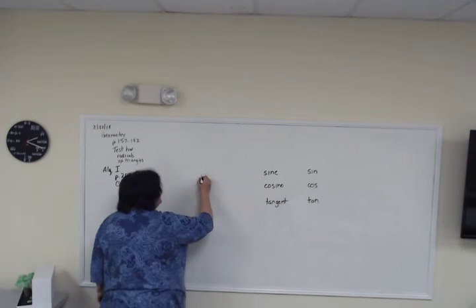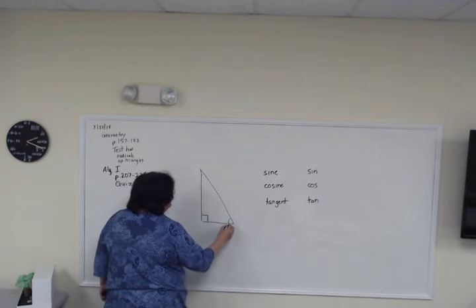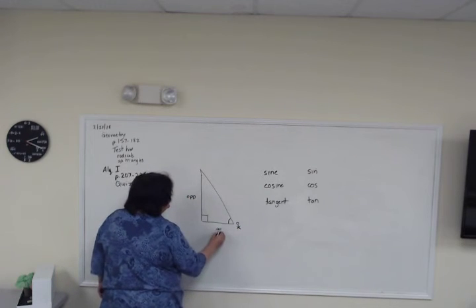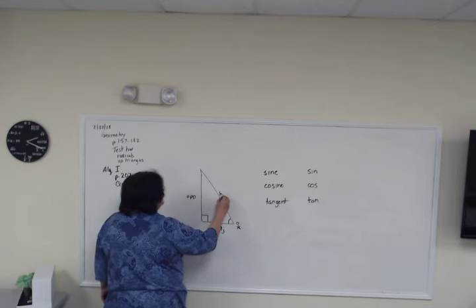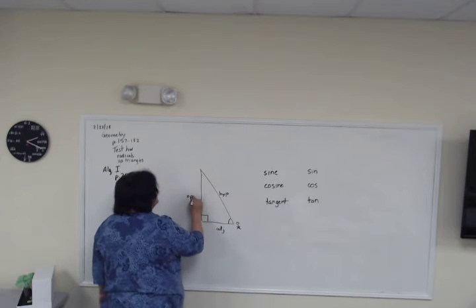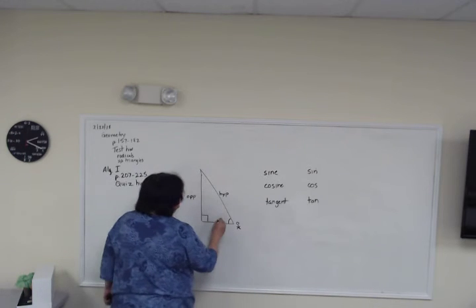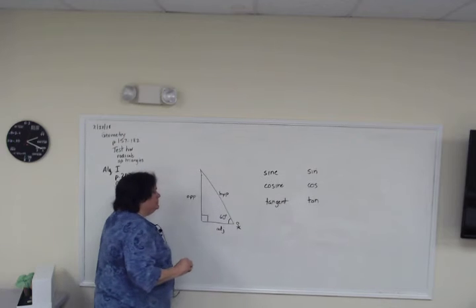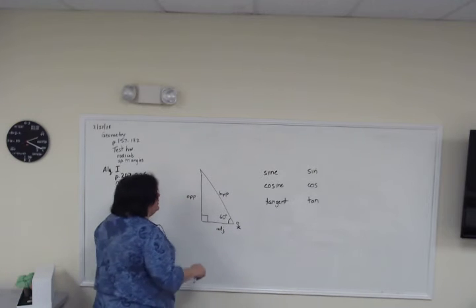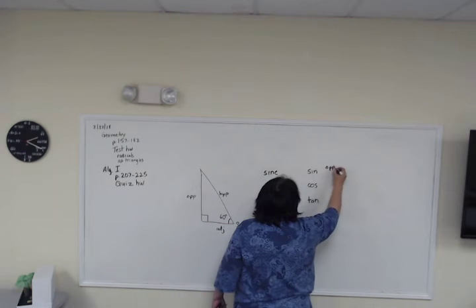So there are certain ratios. We have a right triangle here. If I'm standing at this angle, then this one is opposite, this one is adjacent, and this one is the hypotenuse. Those are the abbreviations for opposite, adjacent, and hypotenuse. For this 60-degree angle, the ratio of the opposite to the hypotenuse is what we call sine.